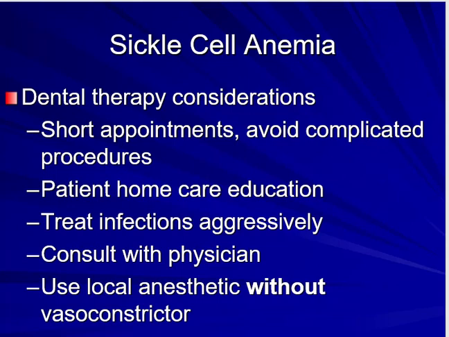You don't want to make vessels constrict and make them smaller when the sickle cells already have a hard time passing through. You start making vessels smaller and blood flow gets cut off to certain things, like let's say the pulp of a tooth. The person can develop an abscess in that tooth without any decay in the tooth, trauma in the tooth.